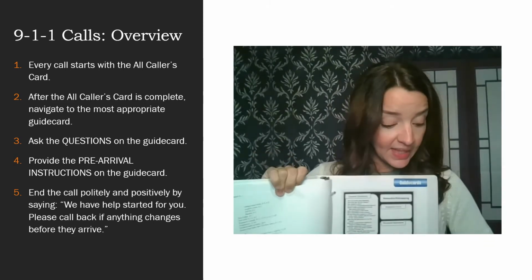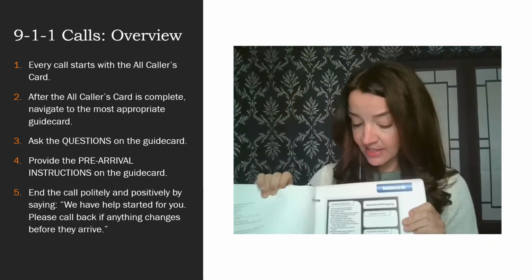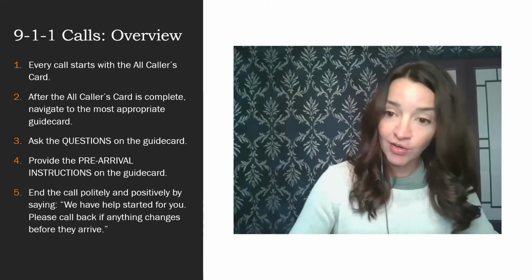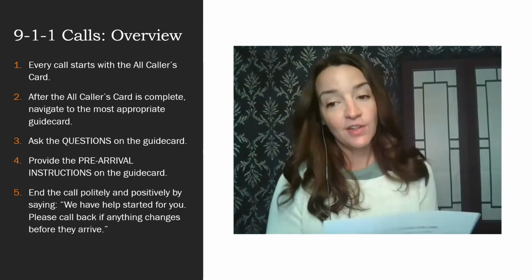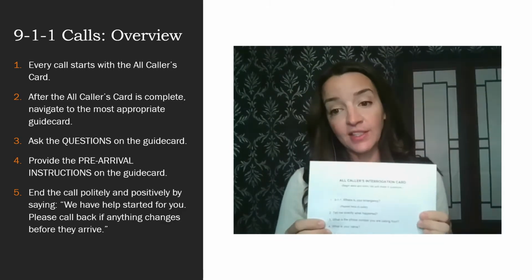You're going to place that All Callers card right here in front of it. And that is because your All Callers card is a card that we start on for every single call. So every single call, that's why it's called All Callers, because it's for all callers, starts with these questions.